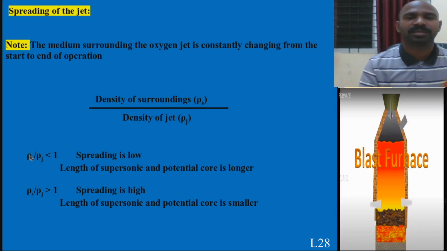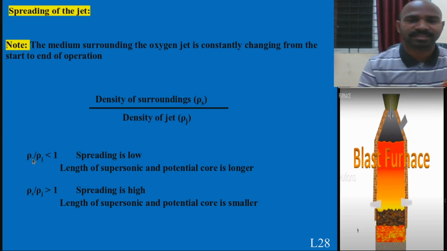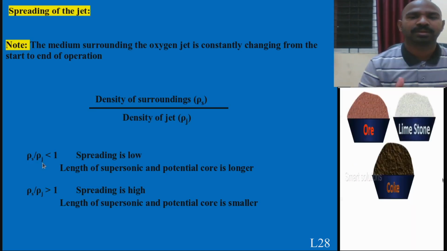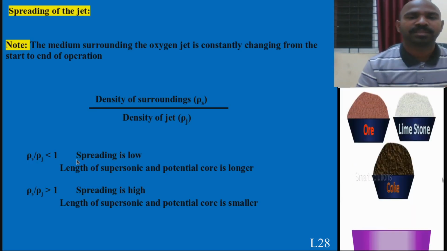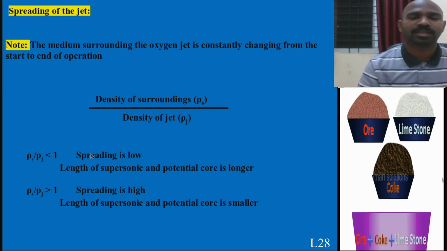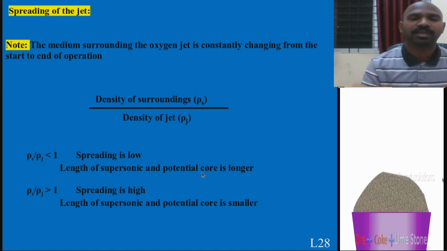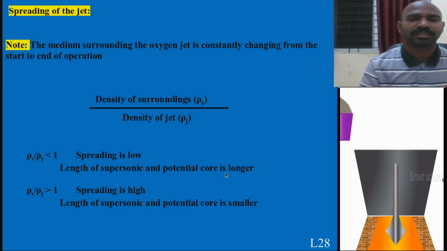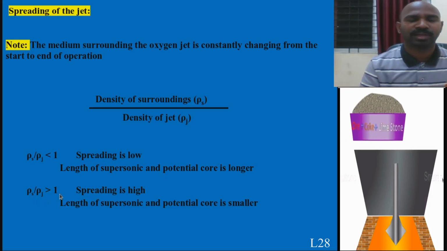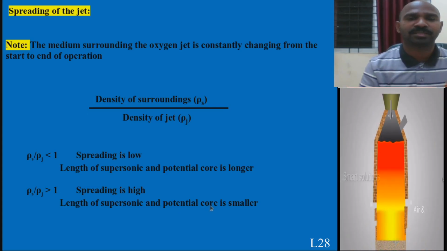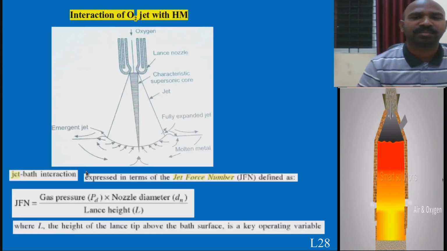If that ratio is less than 1, the spread is low. It means the length of the supersonic and potential core is longer. If it is greater than 1, the spreading is high, and the length of the supersonic and potential core will be smaller, it will be compressed. You can remember it with these things.